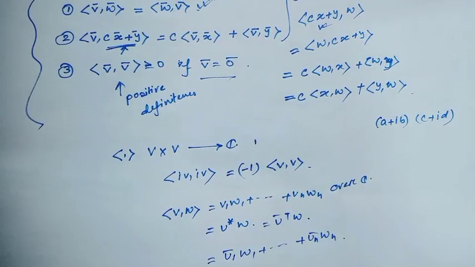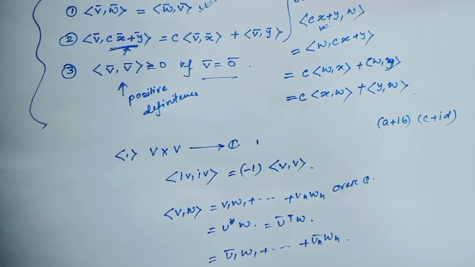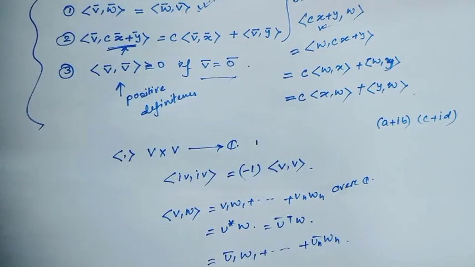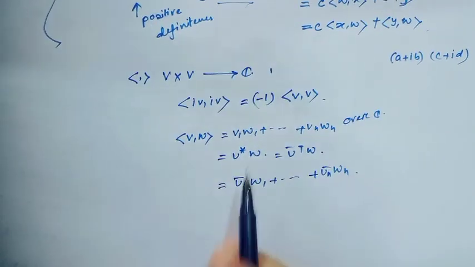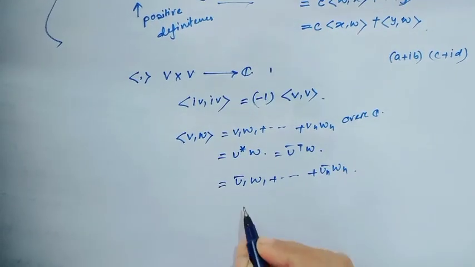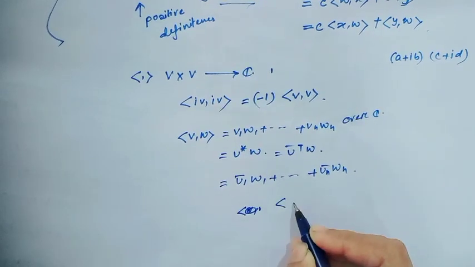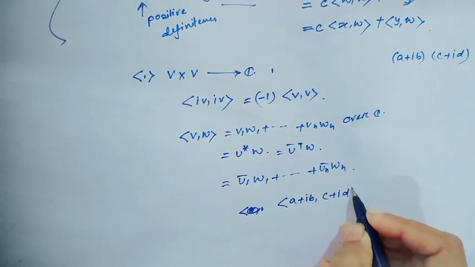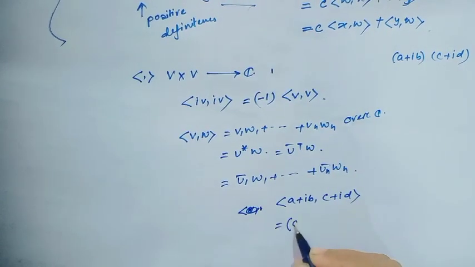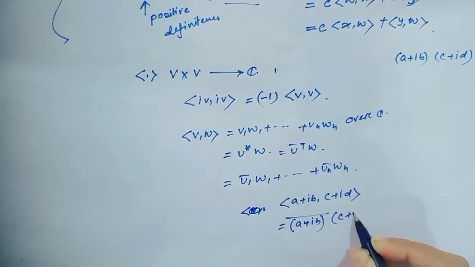Okay, but inner product ⟨v,w⟩ is not equal to inner product ⟨w,v⟩, because if we consider two numbers a + ib, c + id, then this would be a + ib times conjugate of c + id.